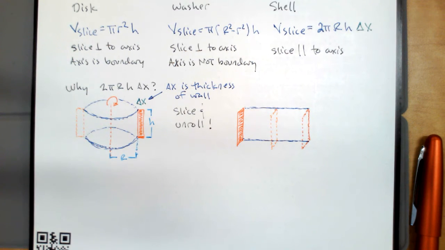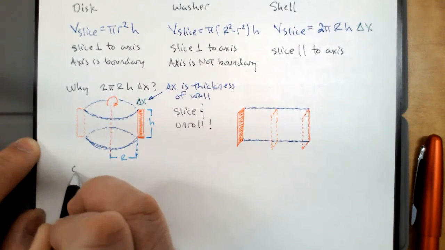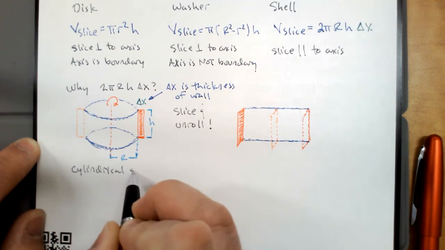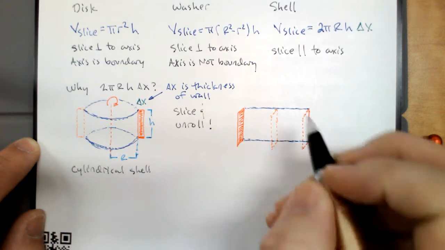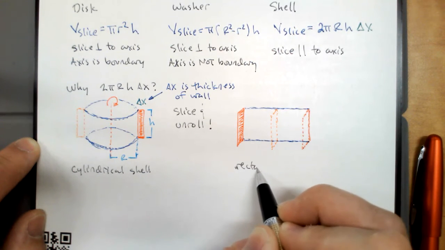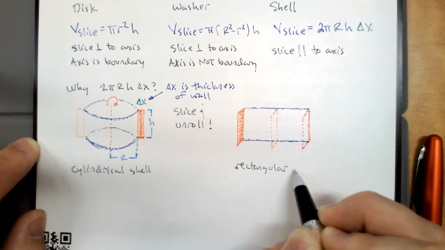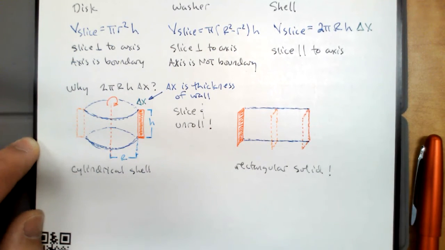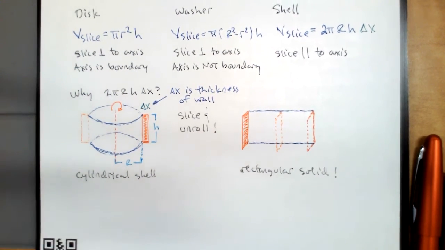So our shell is going to unroll into a rectangular solid. Our cylindrical shell gets unrolled into a rectangular solid.